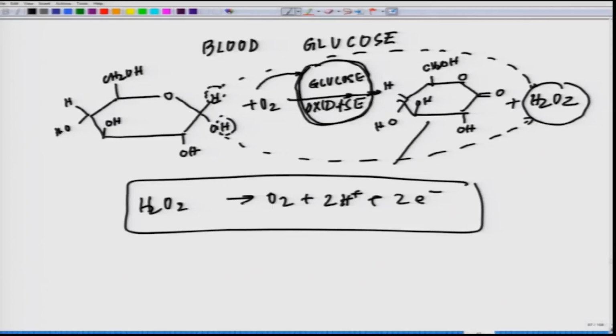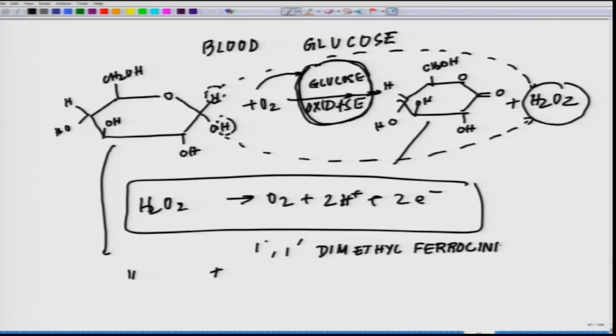So, what people did after that was to use glucose as it is, plus something called 1,1' dimethylferrocenium cation.